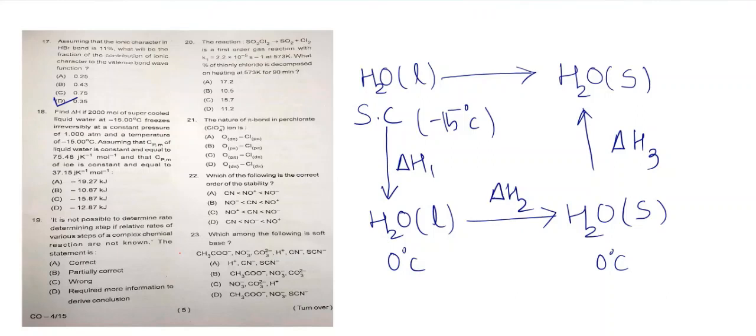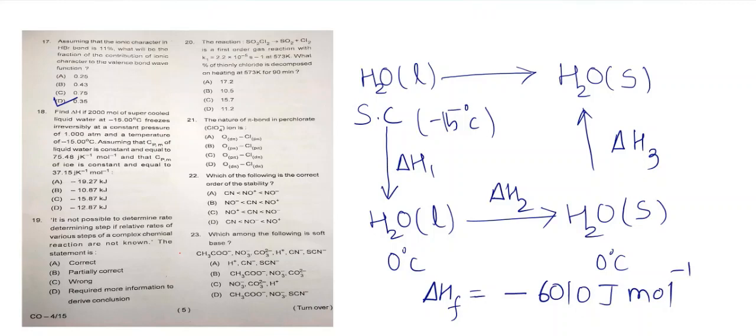The value is del H2, or I can write del H freezing. Del H freezing is equal to minus 6010 joule per mole.